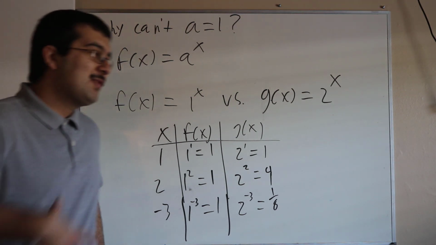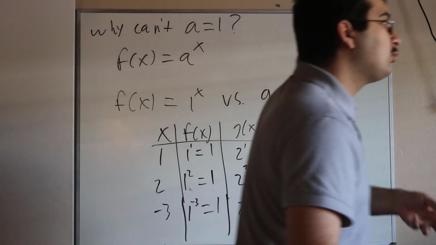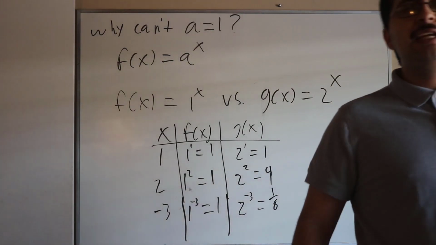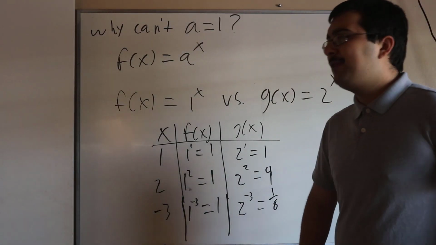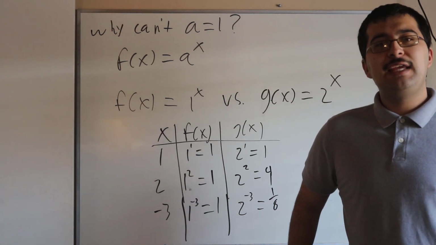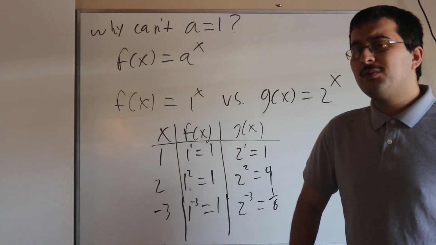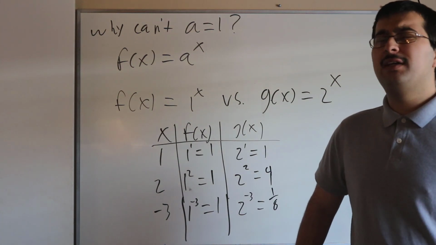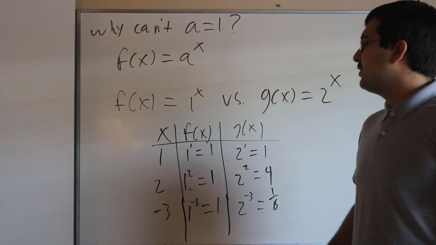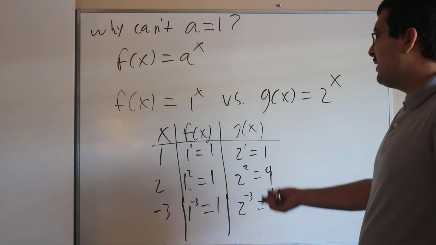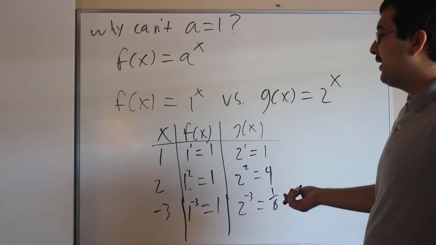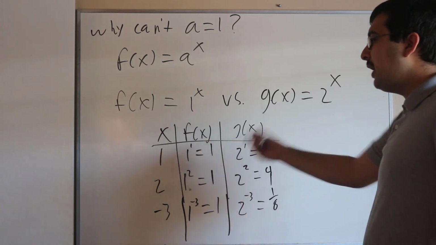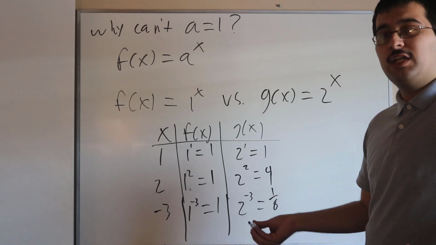And so it's kind of misleading wording on the part of the definition, because you read it as a can't equal 1, but the real meaning is not that a can't equal 1, but that there's no point in letting a equal 1. As we can see, the reason there's no point is that if a is equal to 1, no matter what x you plug in, it's just going to equal 1.